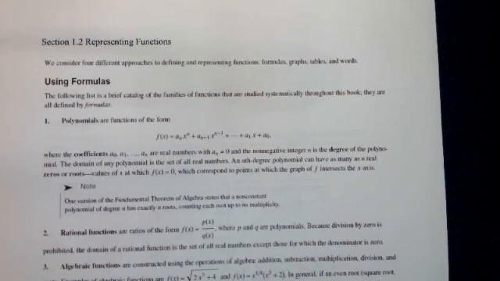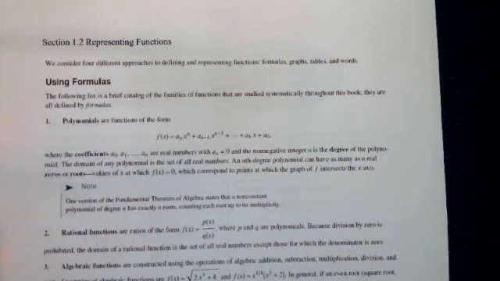That's the first topic. The following is a brief catalog of families of functions that are studied systematically throughout this book, and they are all defined by formulas. In this case here, we have polynomials, which are of the form f of x equals a sub n x to the n plus a sub n minus 1 x to the n minus 1, and so on, all the way down to a sub 1 x plus a sub 0.